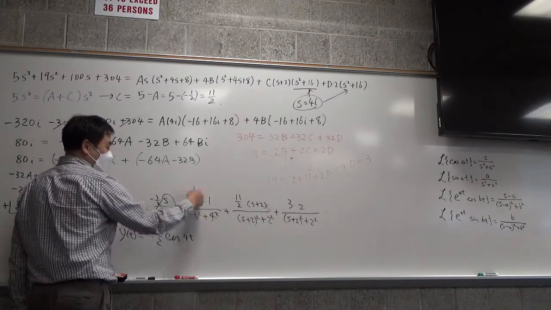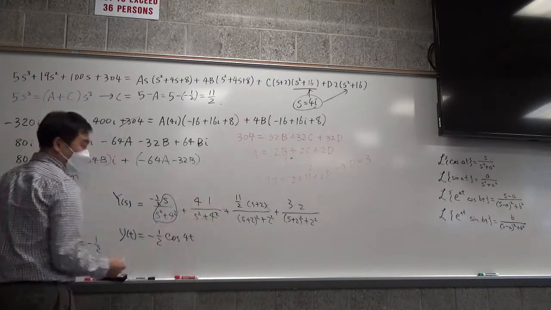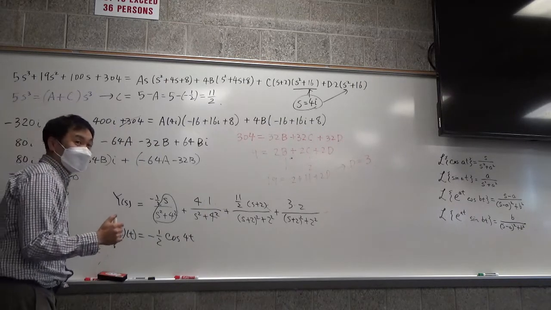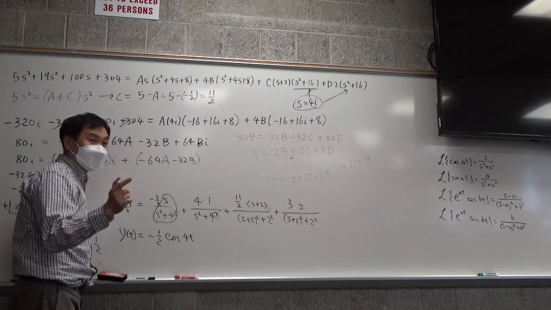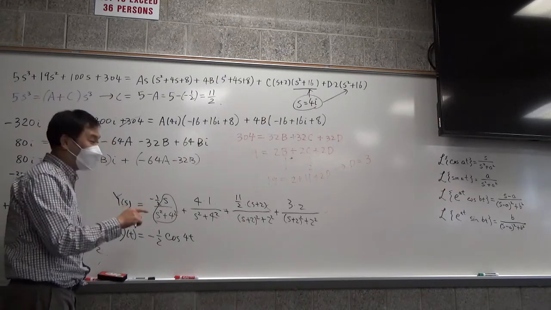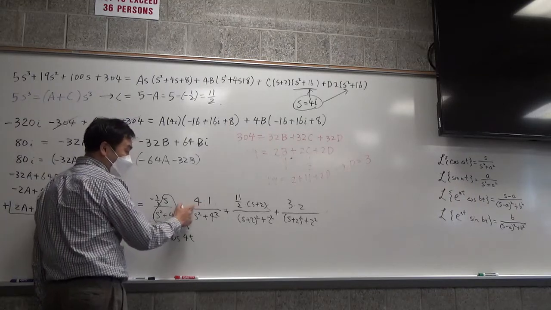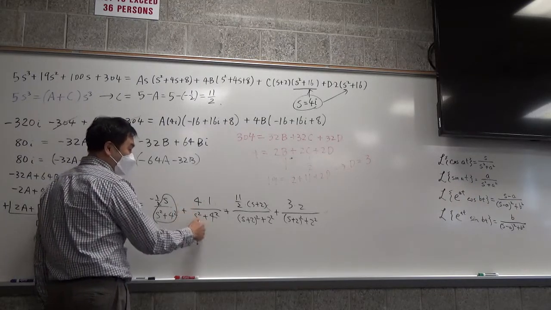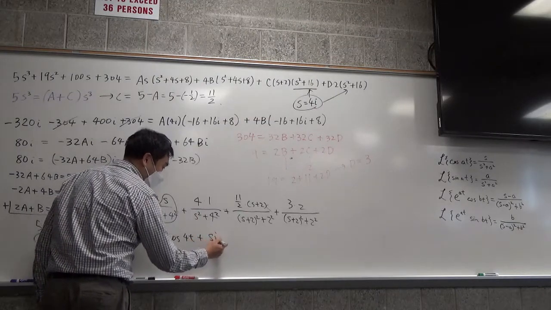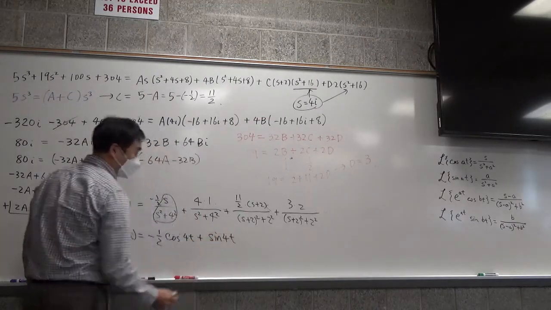What's the inverse Laplace transform of this one? Sine of 80 or sine of 4t? Sine of 4t. Should I put a 4 in front or not? No, because it's including this 4, right? 4 over s squared plus 4 squared is the Laplace transform of sine 4t, so it's just this.